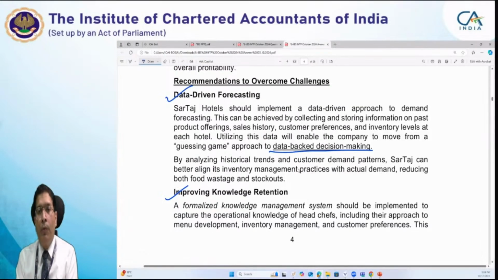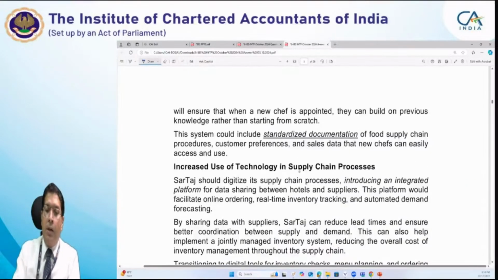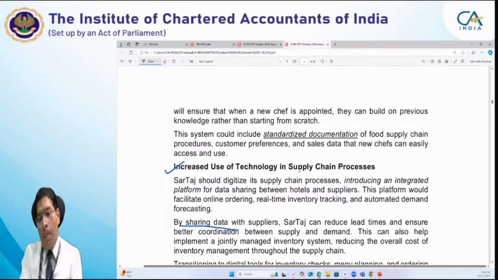How you will improve knowledge retention? By documenting the knowledge, by documenting the recipes, by documenting the procedure, by making SOPs. Next is increase use of information technology. It is very important to share real-time data with supplier.